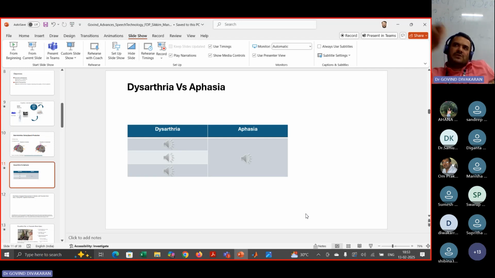If the number is below some value, we can call this patient as having mild stroke. If it is between this number and this number, it will be moderate to severe, and severe categories. So that is the only categorization we are doing. Okay, thank you.